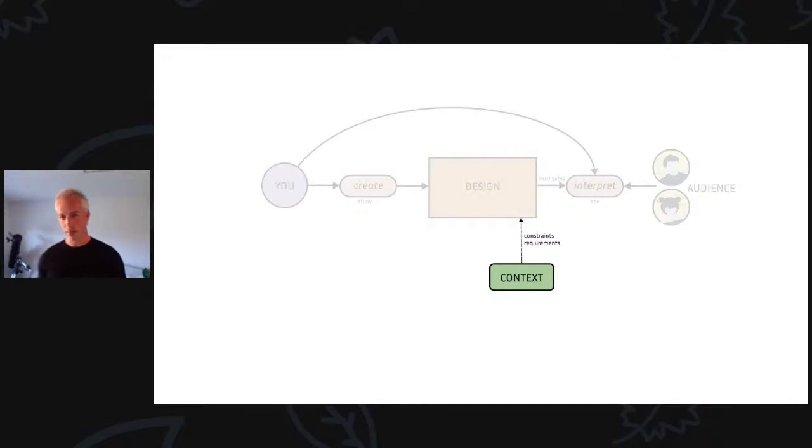Something like, we want you to design something where users can learn about this topic. That's a high-level goal. Sometimes it can also be very specific. We want you to create a visualization, and it needs to be shown on our corporate website. So the colors that you use have to be as much as possible from our corporate design style. That's a very specific requirement.